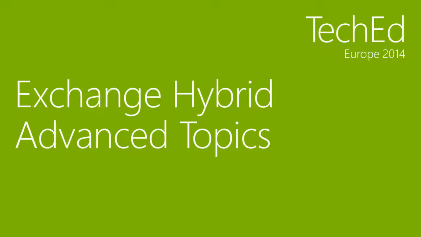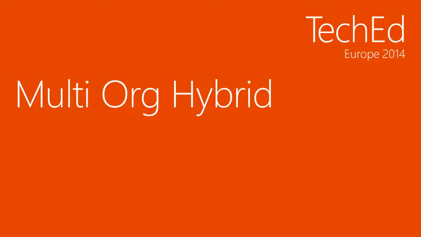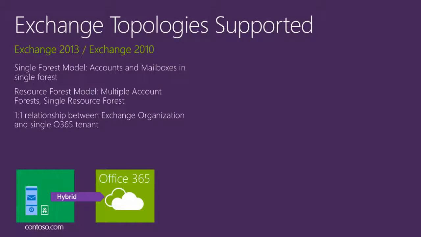And I realize that these advanced scenarios are not for everyone, but they are important though, especially the multi-organization hybrid deployments, which I talked about earlier. So previously, prior to Exchange 2013 Service Pack 1, you could have only a single Exchange organization in a hybrid deployment with Exchange Online.